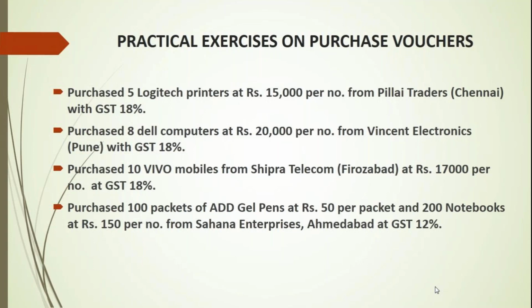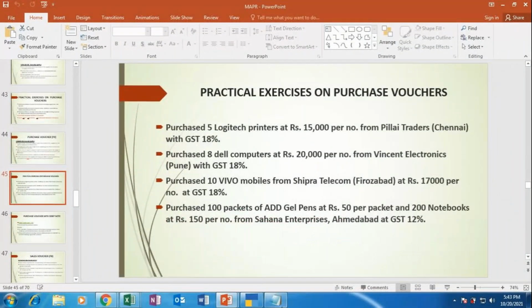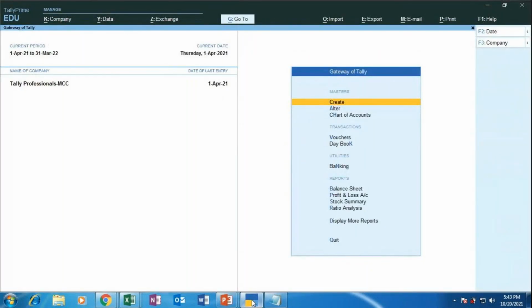Okay. Now, I hope all of you have passed the first two entries without any problems. So, let me show you how the invoice is generated for these. From the Gateway of Tally, we will move to the daybook.